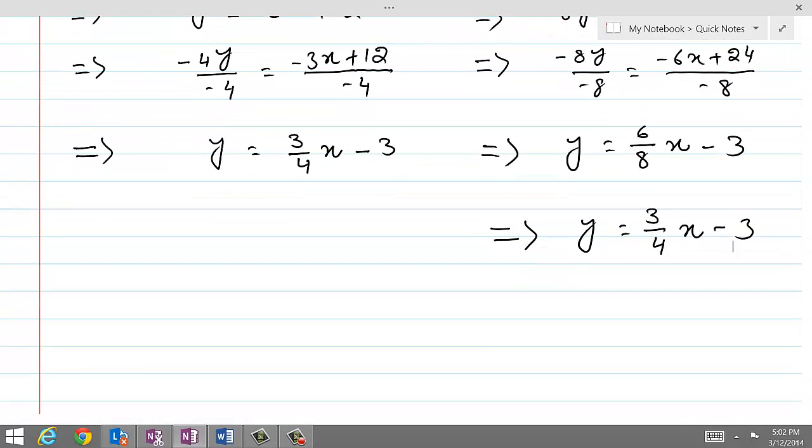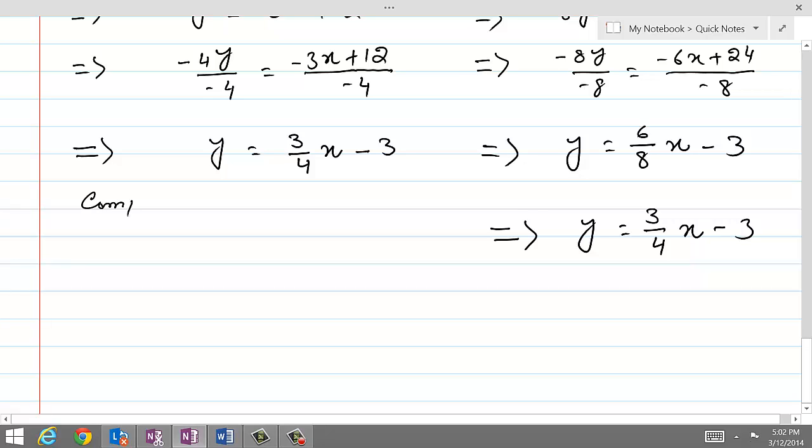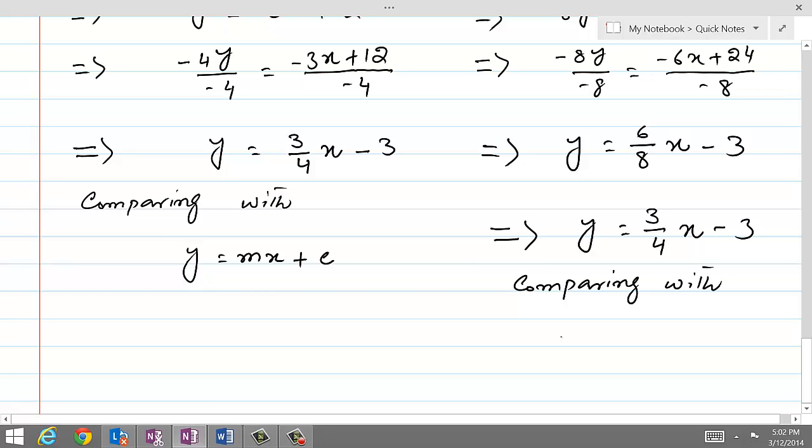And now when we compare this with y is equal to mx plus c, and here we will compare this as well, with y equal to mx plus c.